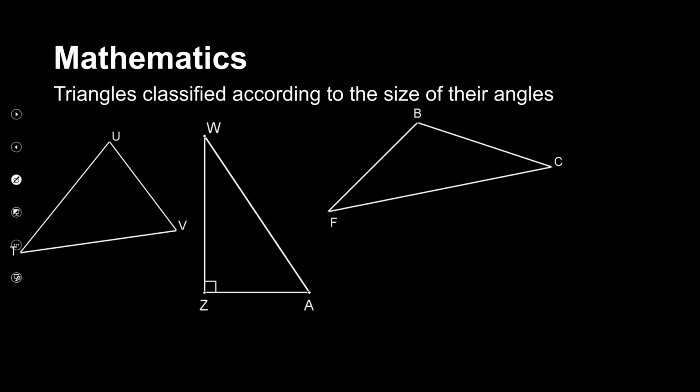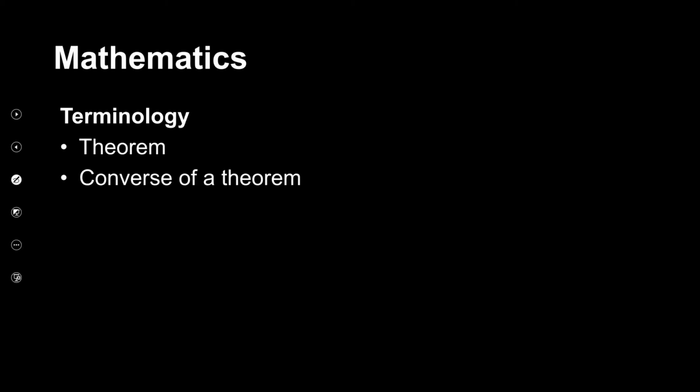If we look at this from the size of their angles, this angle is equal to that angle there, which would mean that this is a right-angled triangle, right? This will be an acute-angled triangle, and this will also be an acute-angled triangle, which is more of your scalene. And that one, we can always try to classify based on the lengths that we have there.